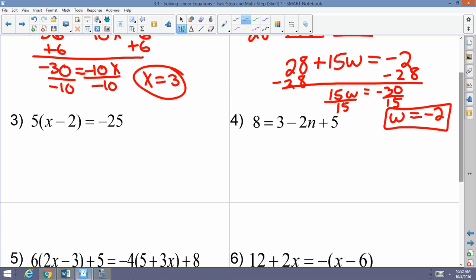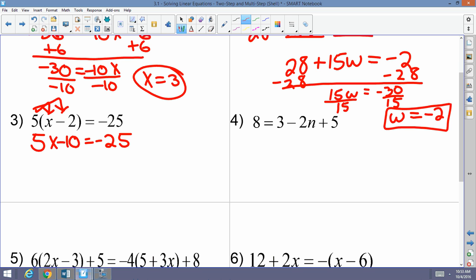Okay, how about number 3? What do we do here? Distribute, absolutely. So you're going to distribute 5 to both the x and the negative 2. So I've got 5x minus 10 equals negative 25. Do I have any like terms that I can combine on the left or the right side? No, good. So now I have a two-step equation.